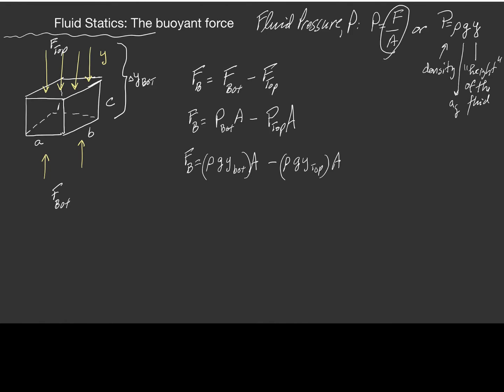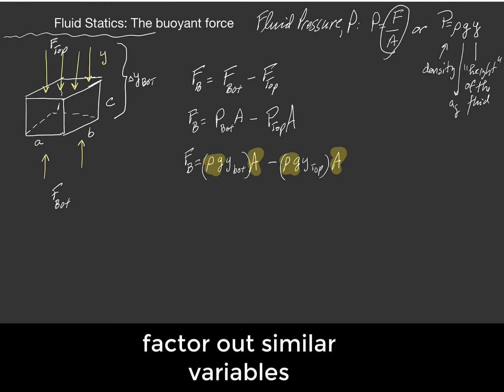Now we see here a couple of things that are interesting. We see that we have right here and right here, we have gravity and density. And we see here that we have area. Those are similar variables in two different places. Since they are similar variables in two different places, then let's go ahead and factor them out.